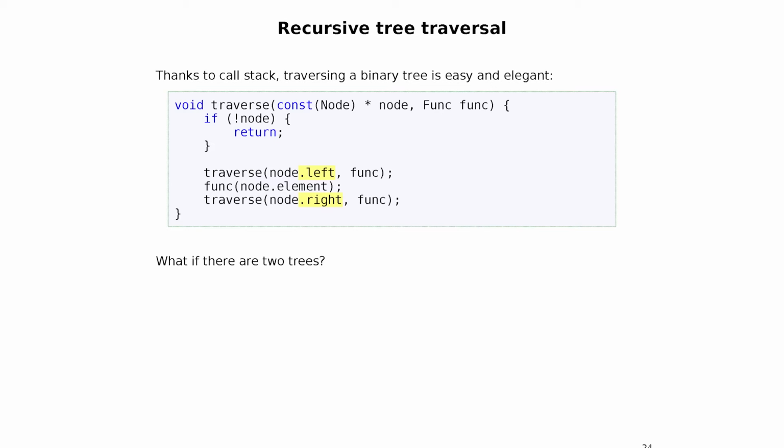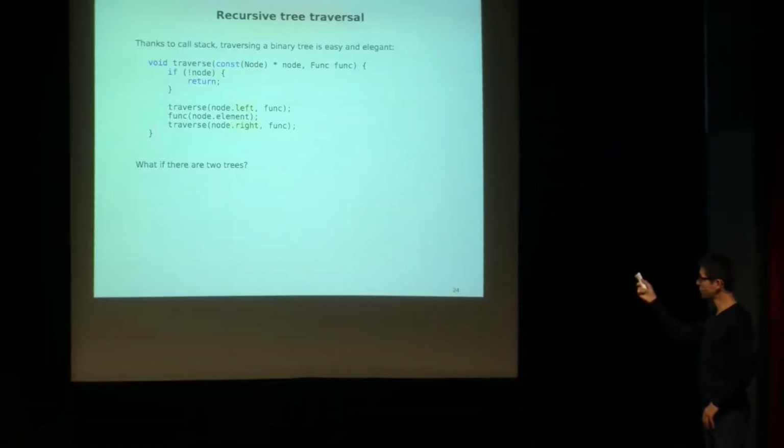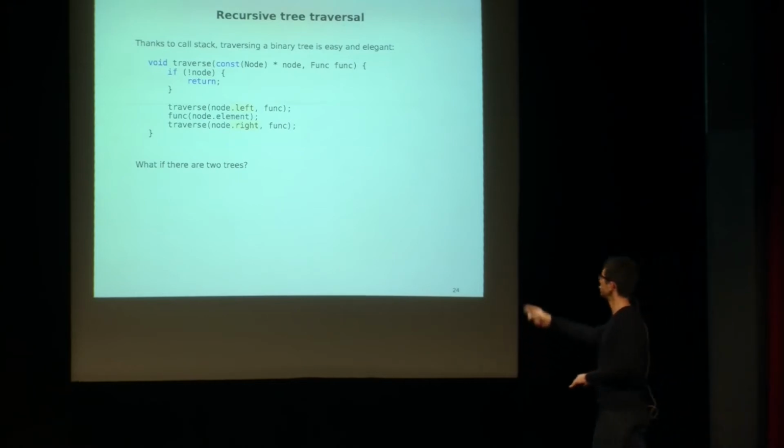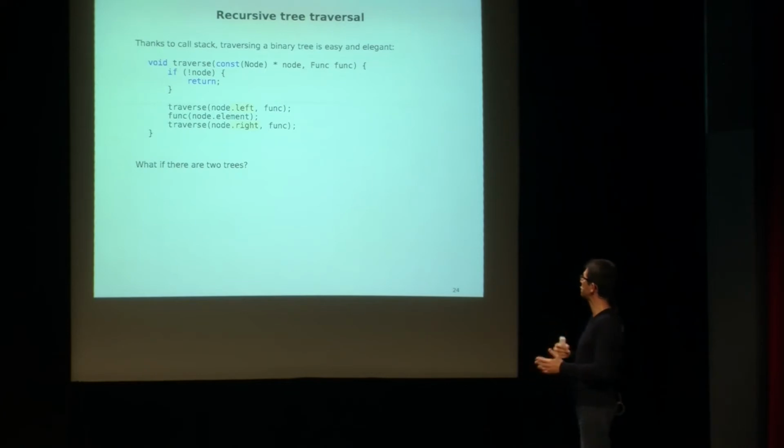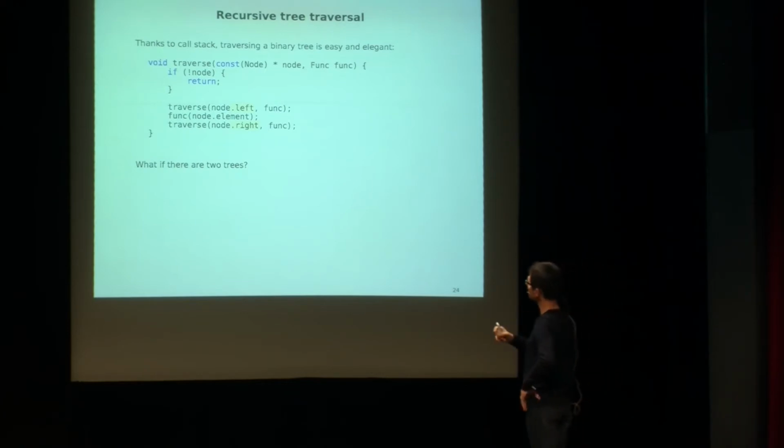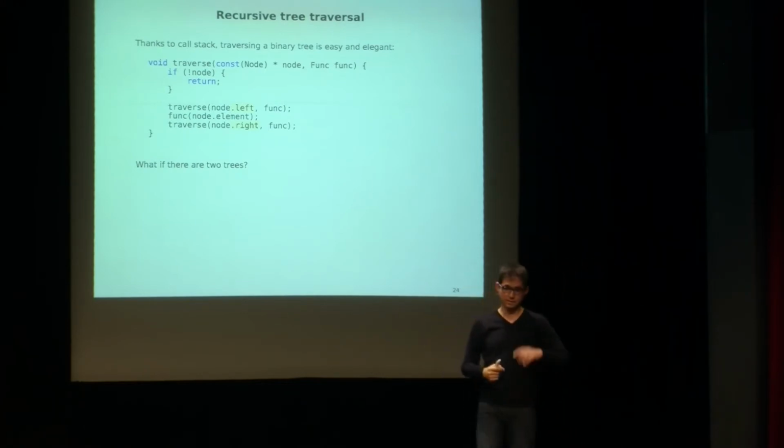This is wonderful. And regardless of how complicated the shape of your tree is, how deep it is, this works correctly, thanks to the call stack. It'll go deeper and deeper with those traverse calls recursively, and then come back eventually. Everything winds back. But what if you have two trees?